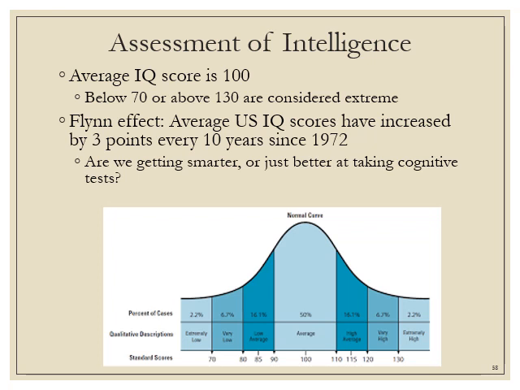It's not clear what underlies this. It may be that we're getting smarter. It may just be that we're better at taking cognitive tests. Cognitive tests may be more part of our educational system than they used to be, and therefore people are more familiar with them and score higher on them.